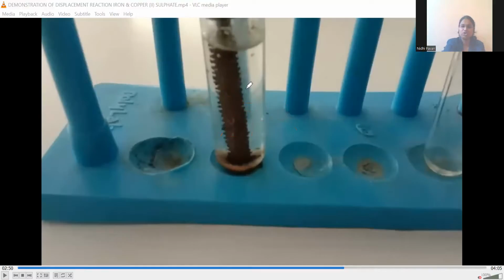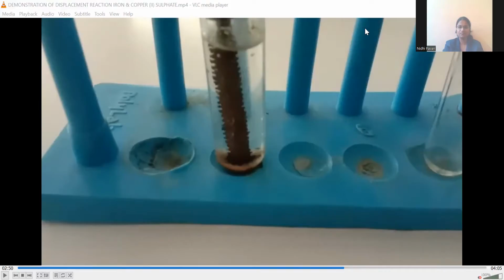So the solution will become pale green in color, and the copper will be deposited on the iron, so it will look brownish in color. So this is the reaction called a displacement reaction, where one atom in the reaction displaces the other atom from its solution. This is about the displacement reaction.